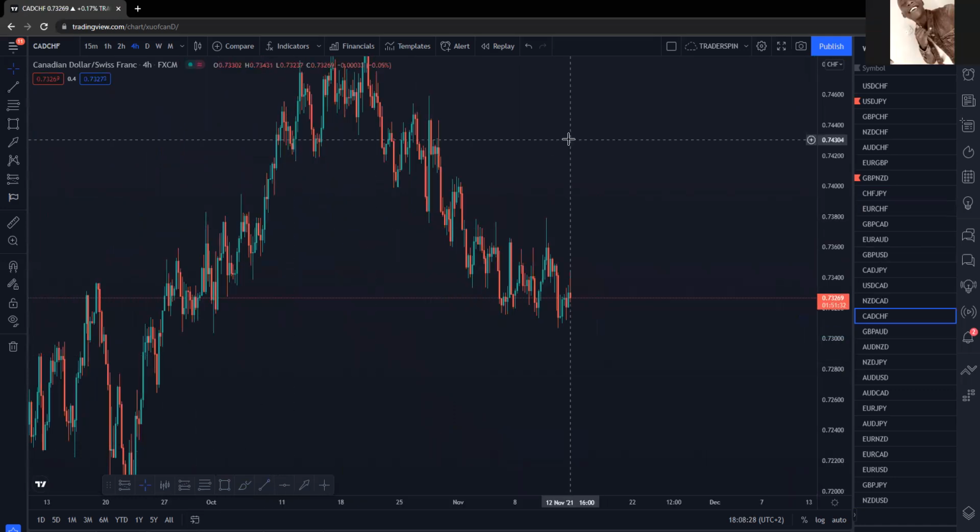When it comes to your risk to reward ratio, bro, it actually depends on you. It depends on what you're going to be happy about. I think I prefer at least the 1:2 risk to reward ratio.